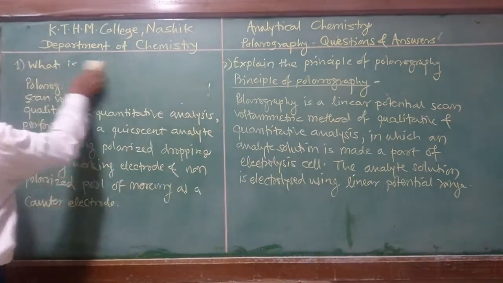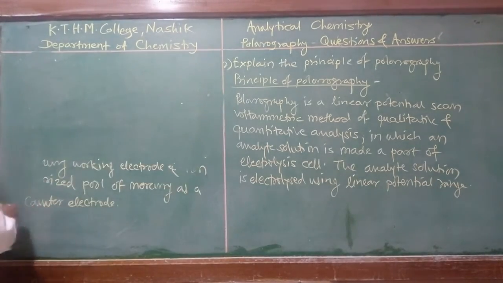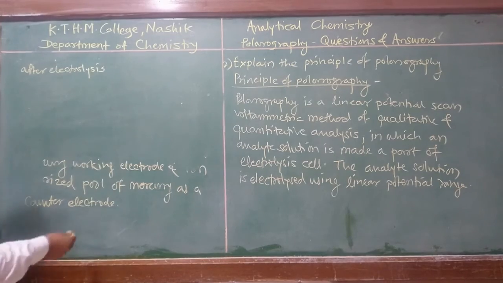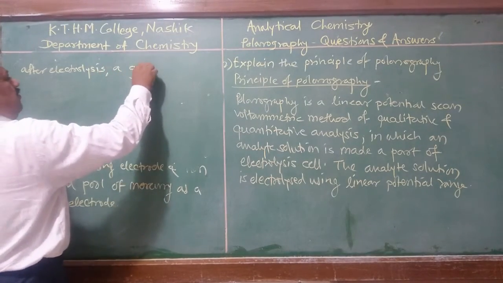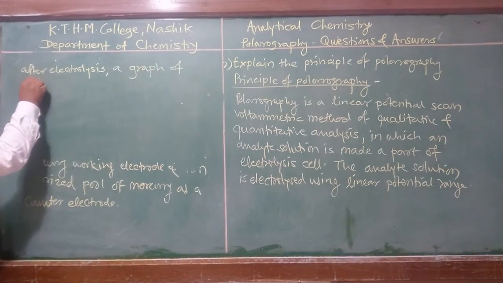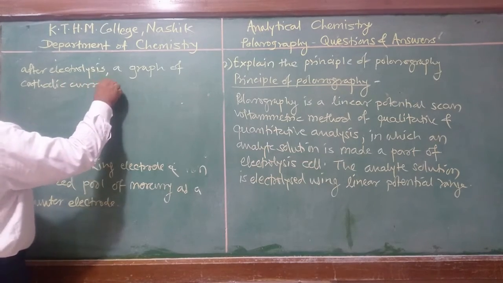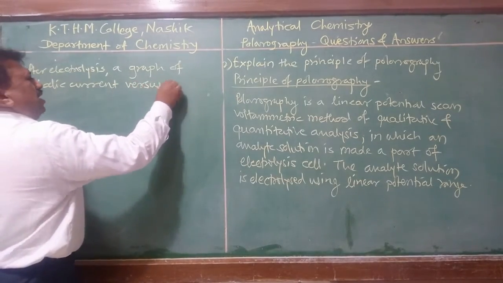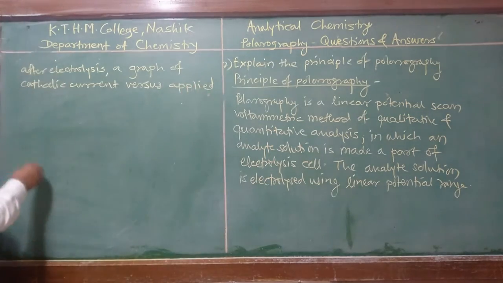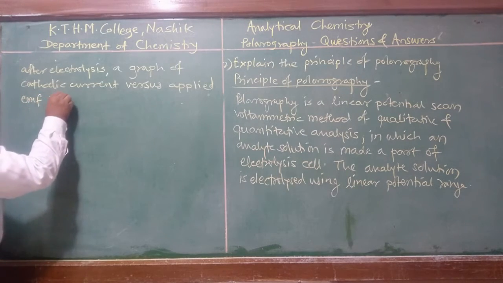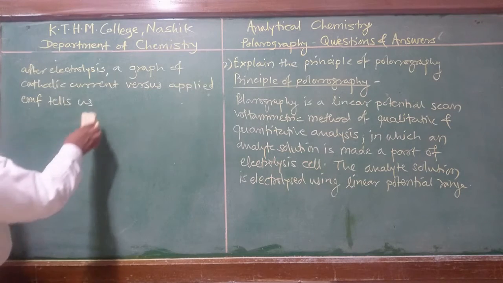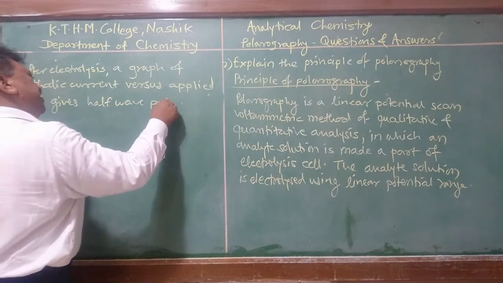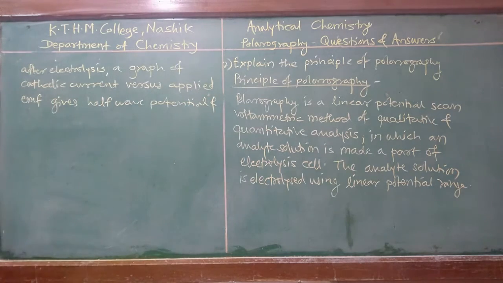After electrolysis, a graph of cathodic current obtained because of reduction of the analyte versus applied EMF is plotted. This graph gives the half wave potential and the diffusion current.